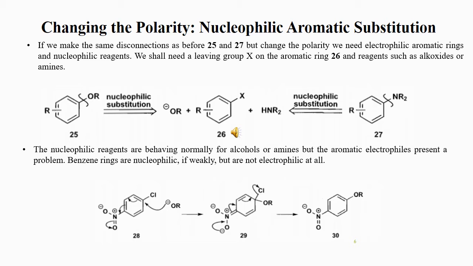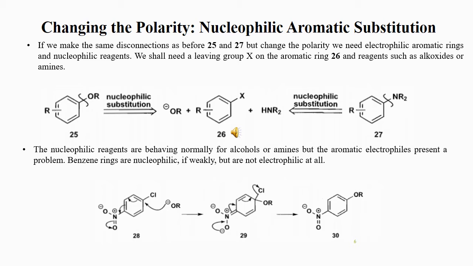So we can say, if we make the same disconnections as before, as we have done in the case of electrophilic aromatic substitution, the disconnections are the same as in 25 and 27, but with the change of polarity we need electrophilic aromatic rings and nucleophilic reagents. First we were doing aromatic rings as having a bit of negative electron density, and we were talking about electrophilic reagents.